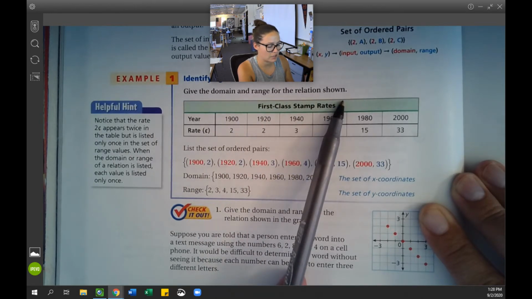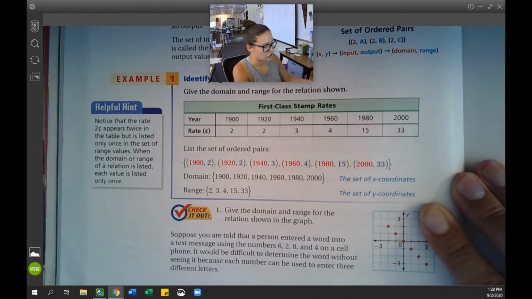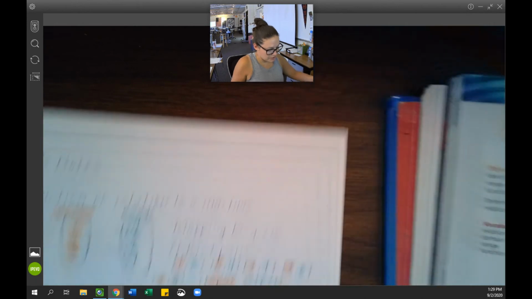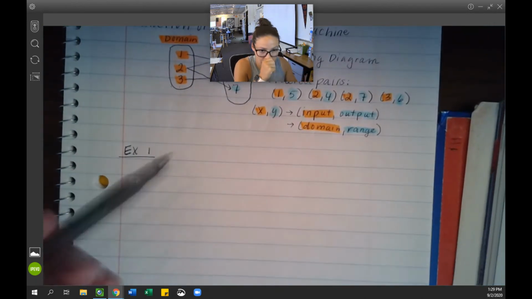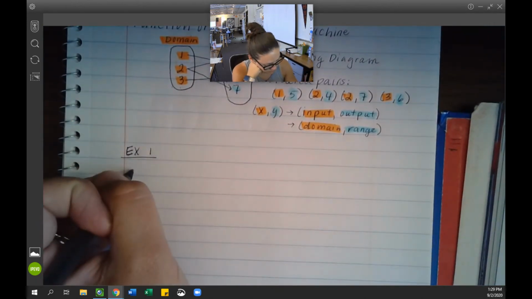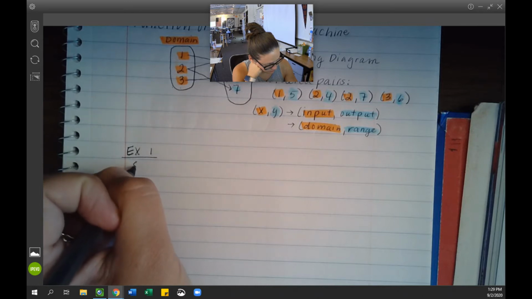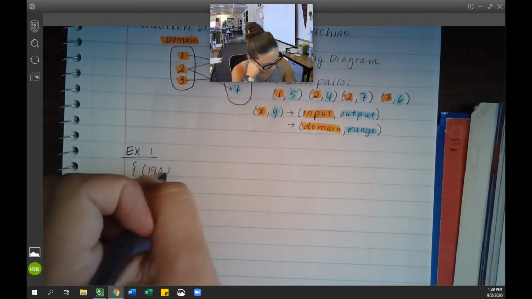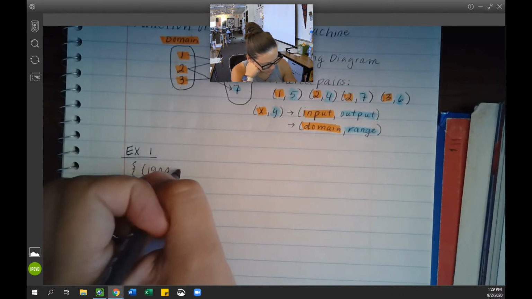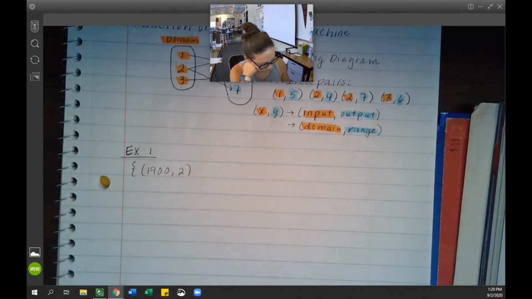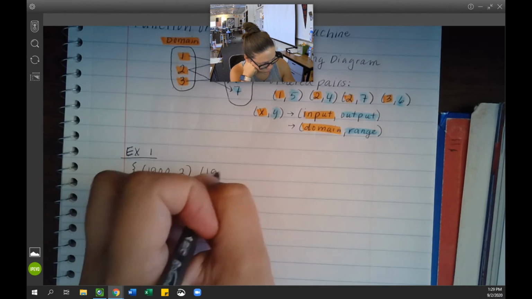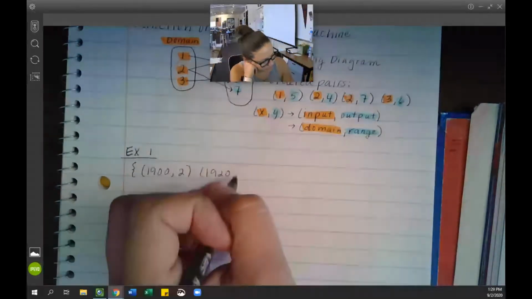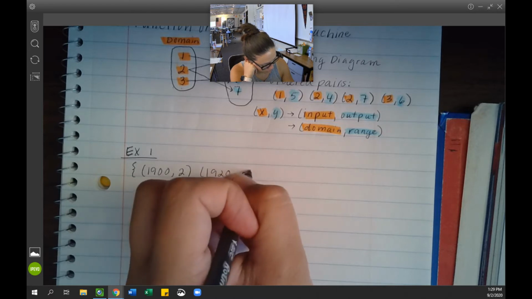So first, let's list the ordered pairs that we have. We have 1900, the year 1900, stamps cost 2 cents. Then in 1920, they cost 2 cents.